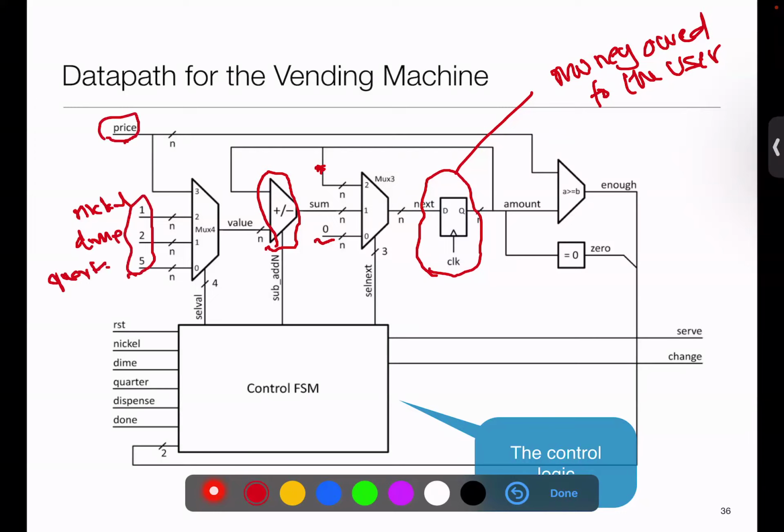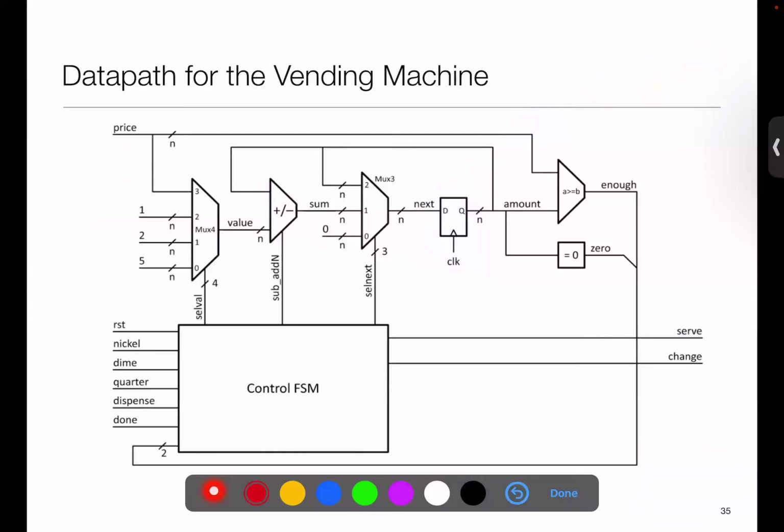So I need the price also. So I can have this multiplexer, which basically helps me select what the right constant is. So this multiplexer selects the value. Some signal which comes from my control tells me the value, and then I am going to add or subtract that value to the current money owed.